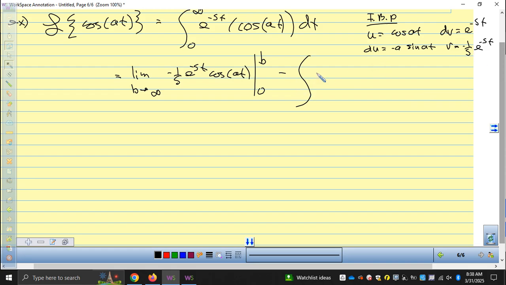So that's going to be a over s, integral from 0 to infinity of e to the minus st sine of at dt.